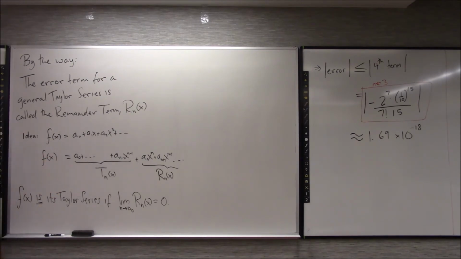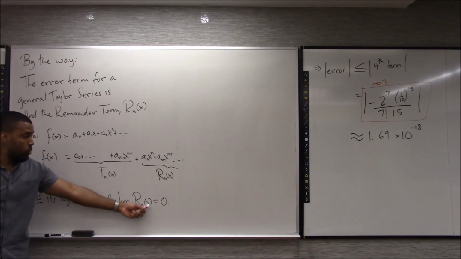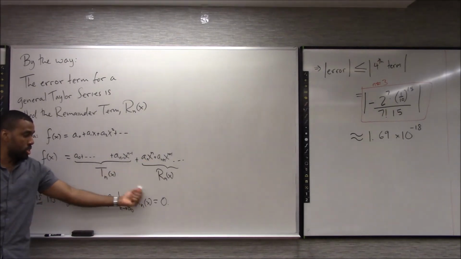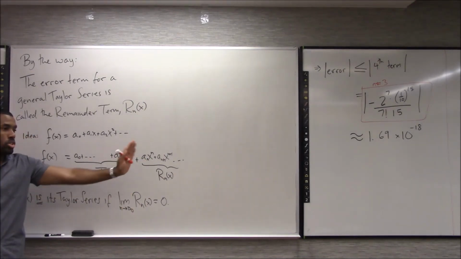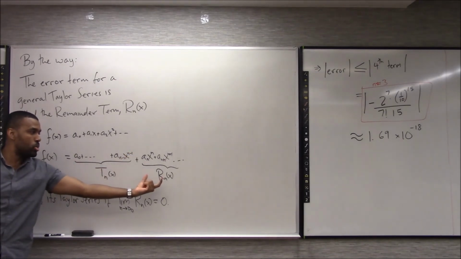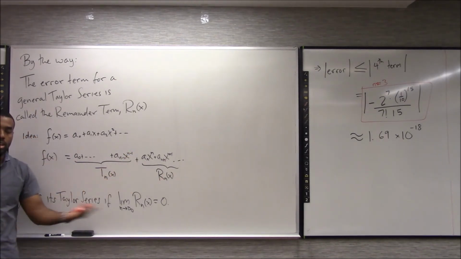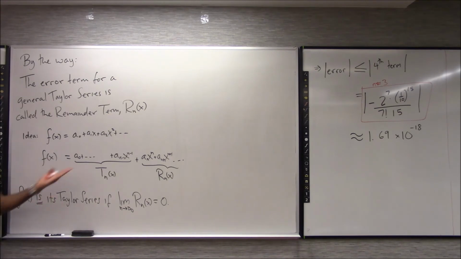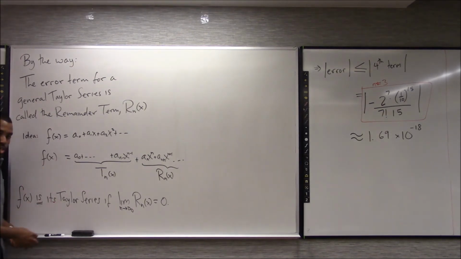Right? However, if this is true, if we could somehow find a formula for this function and it goes to 0, meaning the more terms we have, the difference between the function and the series is nothing. It's just, this series will essentially be the function, and you can interchange them at will at any point and it won't make a difference. Right? That's not always true. It's only true when this is the case.